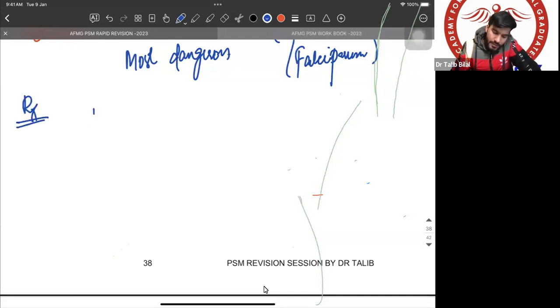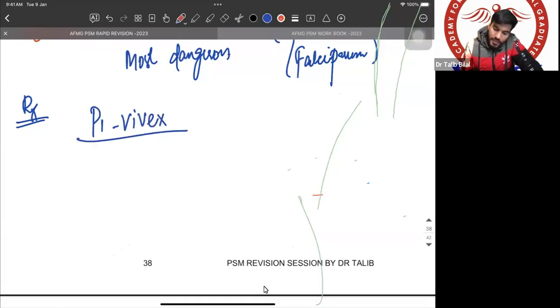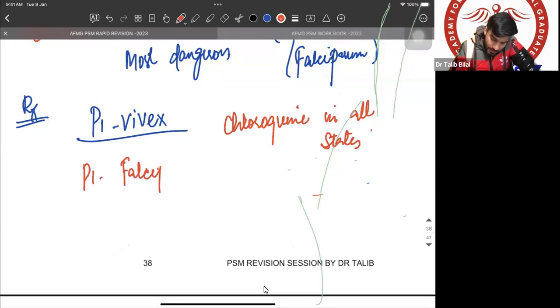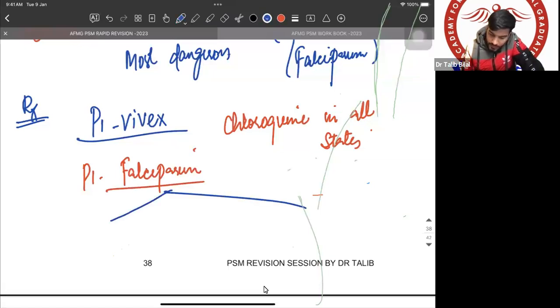Remember, guys, if it is Plasmodium vivax, then chloroquine in all the states. If it's Plasmodium falciparum, then two conditions.